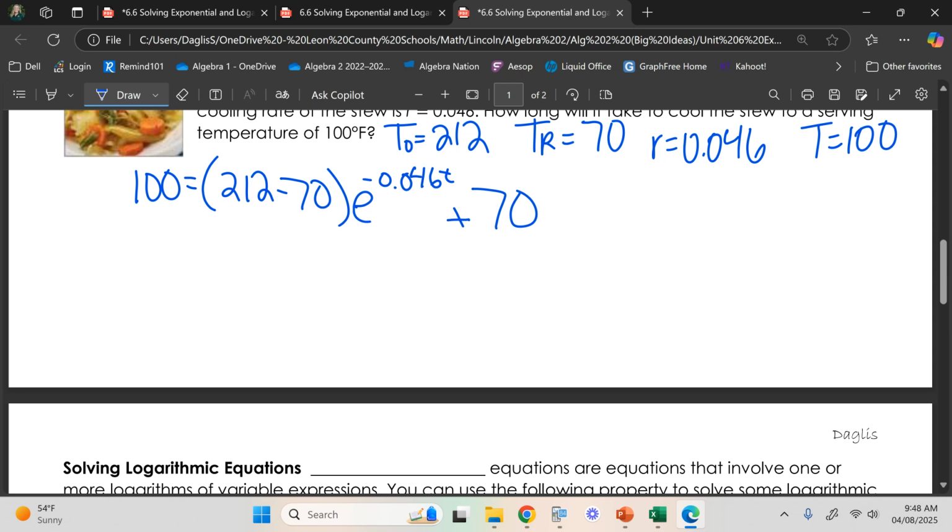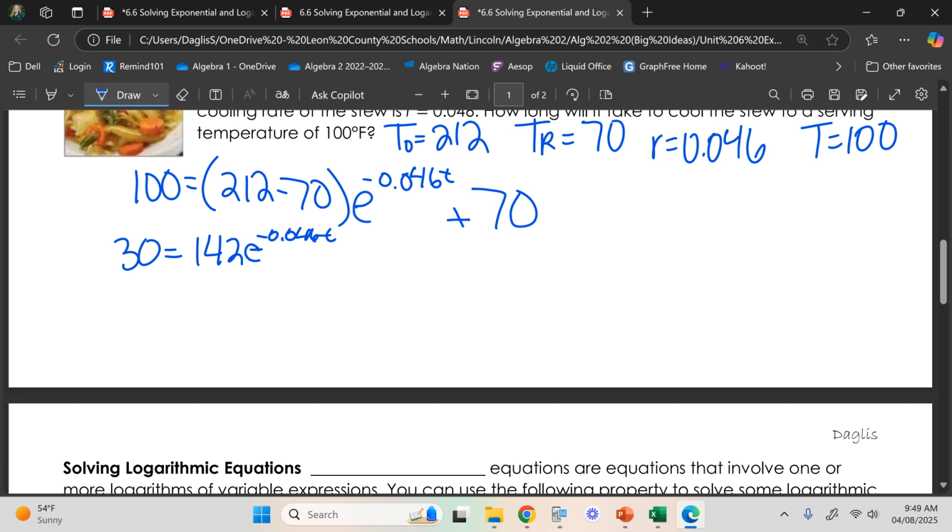So what do you want to move or put together first? Parentheses? And then we could also subtract that 70 over at the same time. So subtract 70 over, that gives me 30. 212 minus 70 gives me 142, times e to the negative 0.046 t.